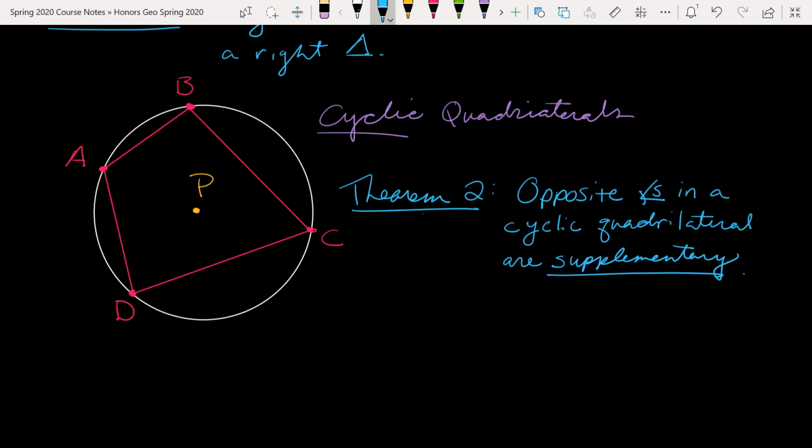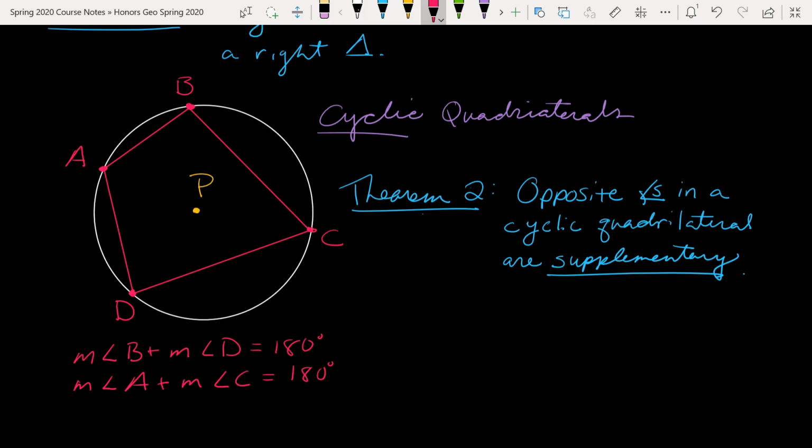Supposedly, if you're willing to believe everything I tell you, this theorem says it's the case that the opposite angles within a cyclic quadrilateral happen to be supplementary. So maybe this is not so average a quadrilateral after all.